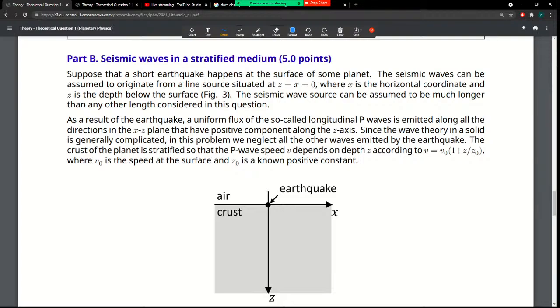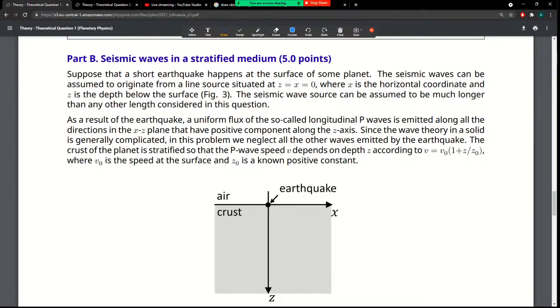Sure. Suppose that a short earthquake happens at the surface of some planet. The seismic waves can be assumed to originate from a line source that is situated at z equals x equals 0. So like the line source is into the page in the diagram. Where x is the horizontal coordinate and z is the depth below the surface. The seismic wave source can be assumed to be much longer than any other length considered in this question.